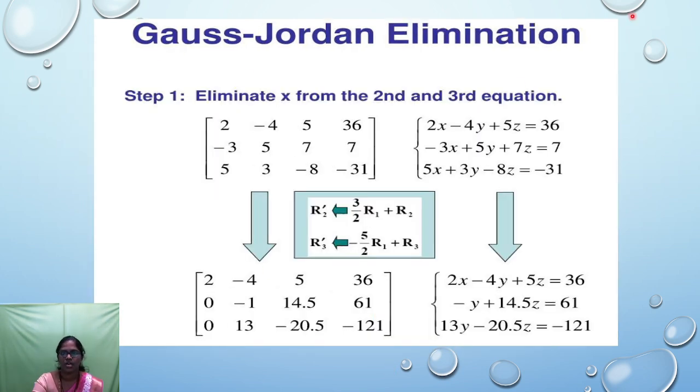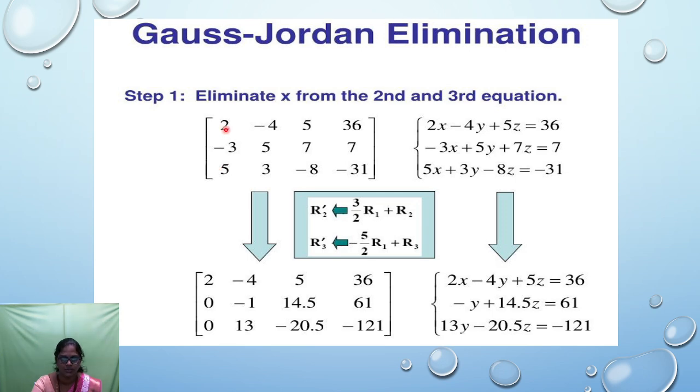In Gauss-Jordan elimination, first we convert this into an upper triangular matrix. So already we discussed in the Gauss elimination method, we use the first row to convert these two elements to 0, right?